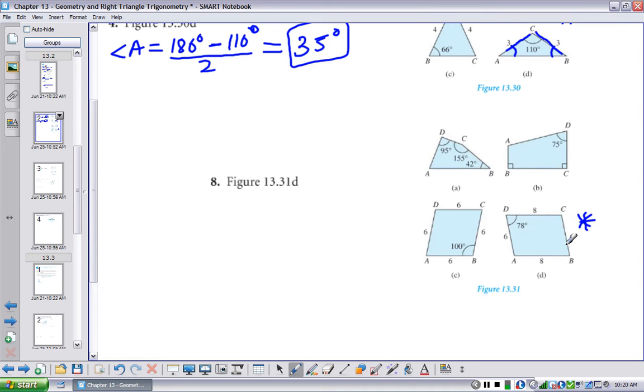And this side is 8 and that side is 8. So this angle here, 78 degrees, is going to be corresponding to this angle here, which is 78 degrees.